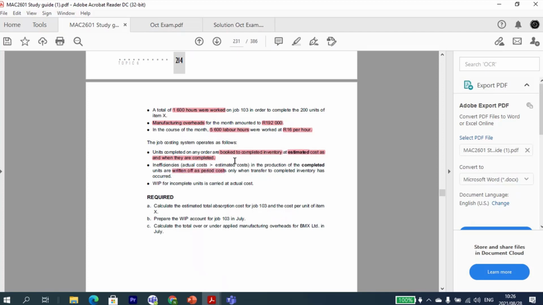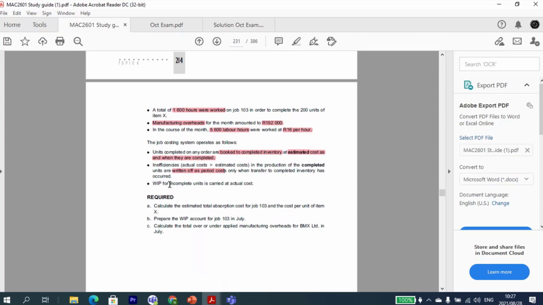Now this goes back to the previous topics that we covered, to say what are prime cost and what are premium cost and how do we treat them. So now here they're saying that if your actuals are more than your estimated, that difference is written off as an expense. It's a period cost. It's written off as an expense as opposed to a cost of goods sold, only when transfer to completed has occurred.